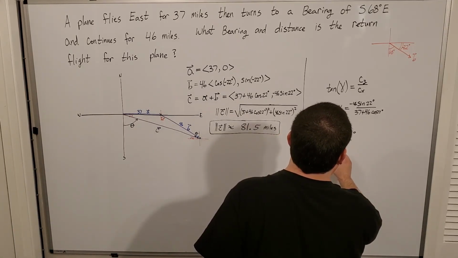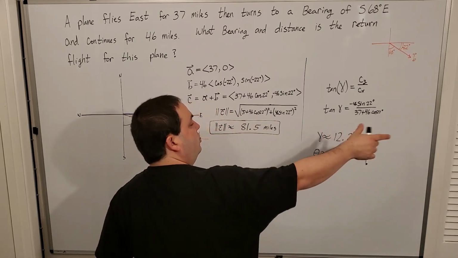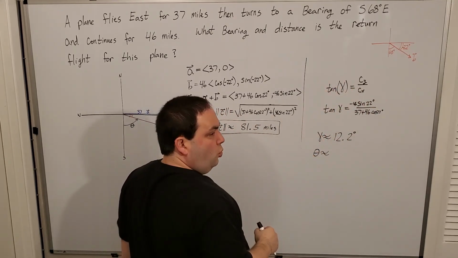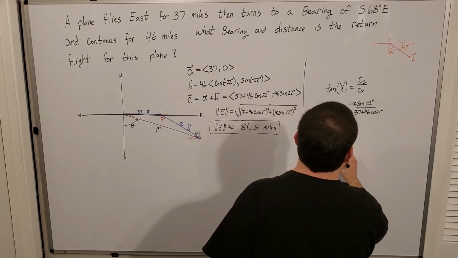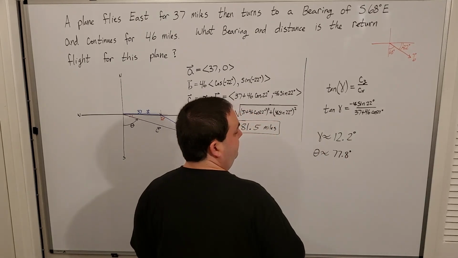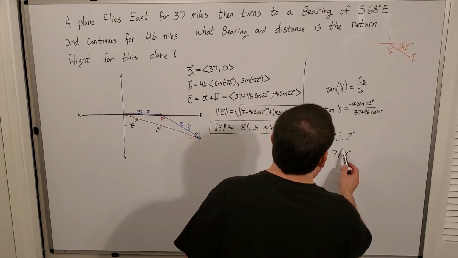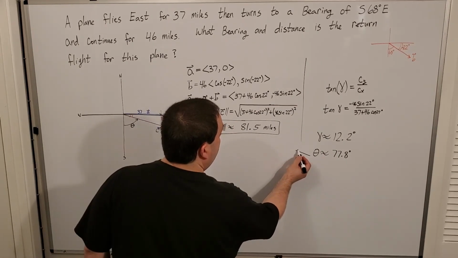So theta is approximately equal to the complement of this. So 90 minus 12.2, 77.8 degrees. Then I use that, bring it back over here.